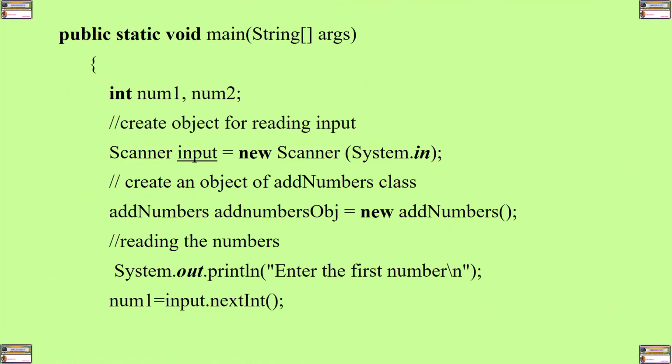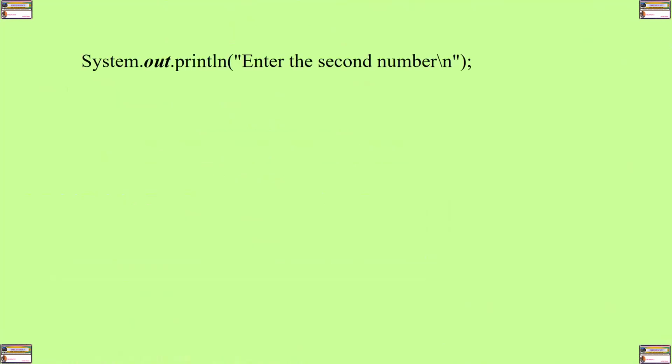So the value is typed and then read through the method called nextInt. And this value is assigned to memory location called num1. Then we prompt the user to enter the second number. We read it through the method for reading integer. So we read the value through nextInt under the object input, and we assign the value received to num2.